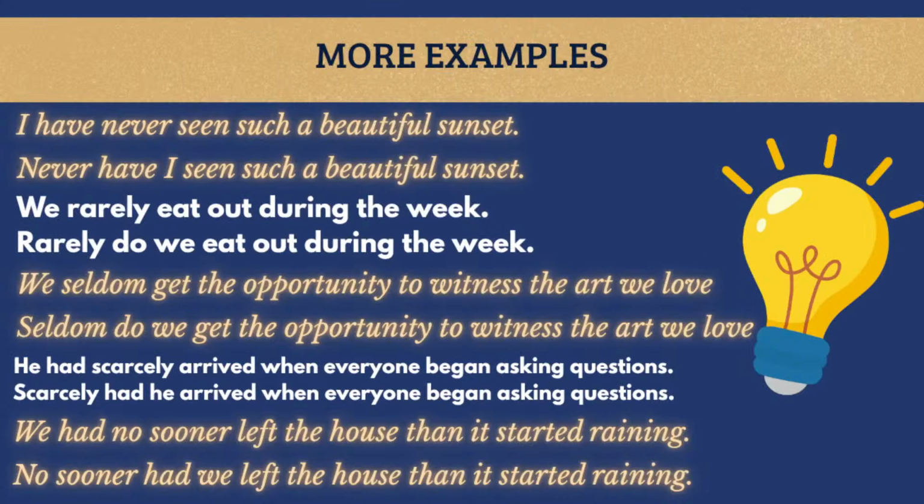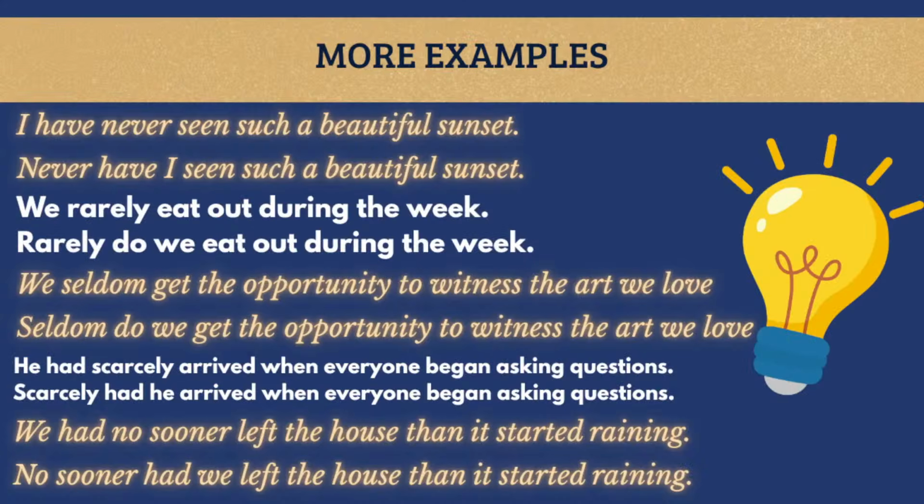We had no sooner left the house than it started raining. Now, no sooner blah blah blah than is a more polished structure. Not many students use it, but I had to show it because it is quite popular, very popular in spoken language, but you will see this a lot in books, in novels, very common written language as well. No sooner had we left the house than it started raining.